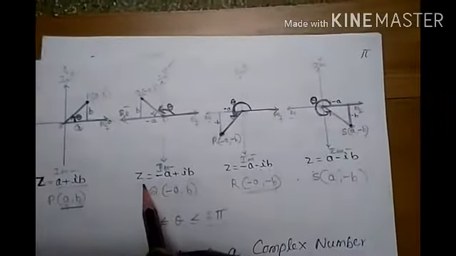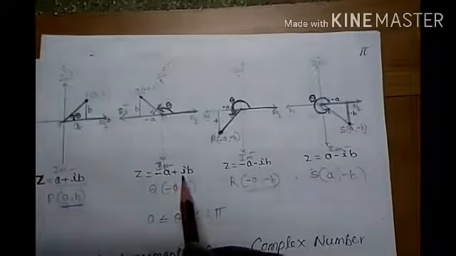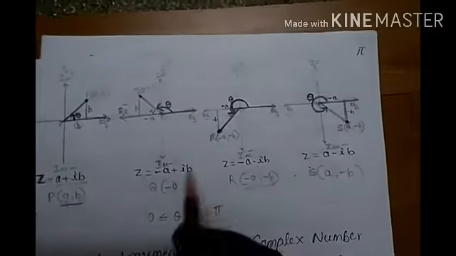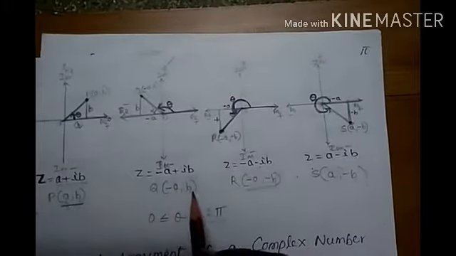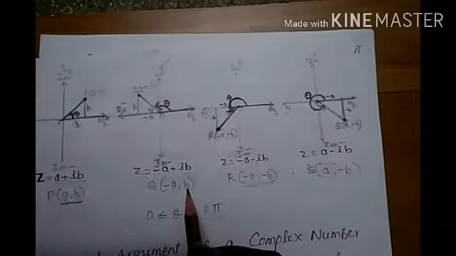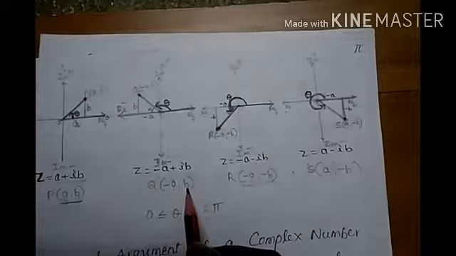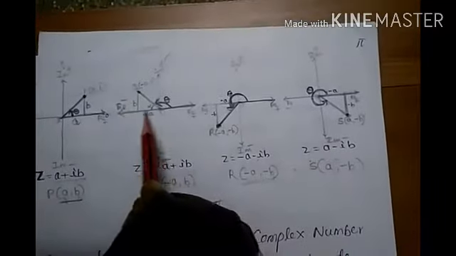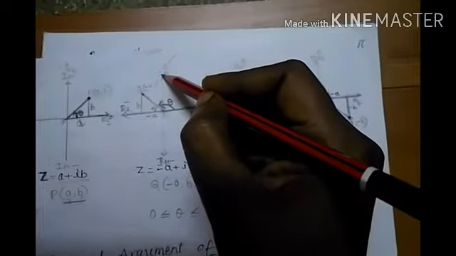Now consider Z equal to minus a plus ib. The point is (minus a, b). Here the real part is negative and the imaginary part is positive. So take the negative real axis and positive imaginary axis.